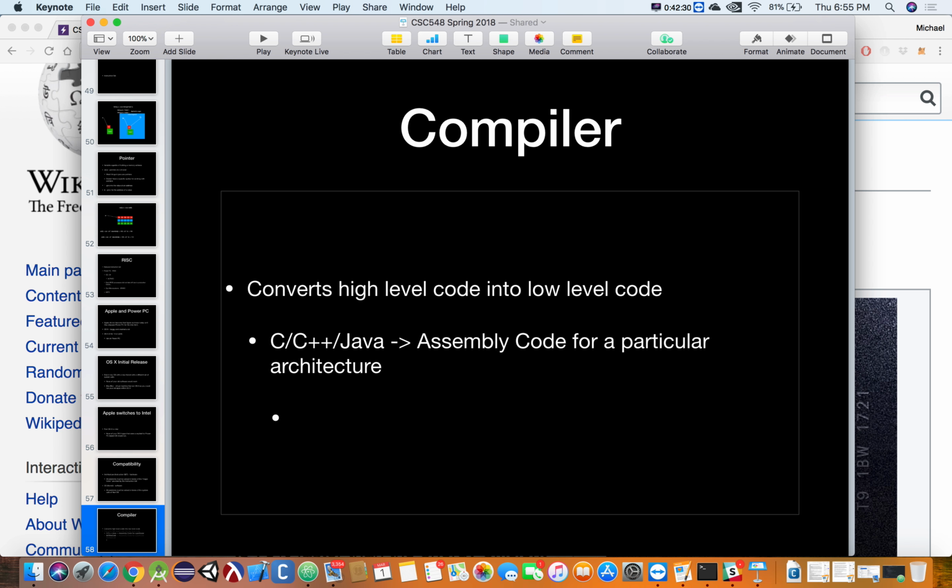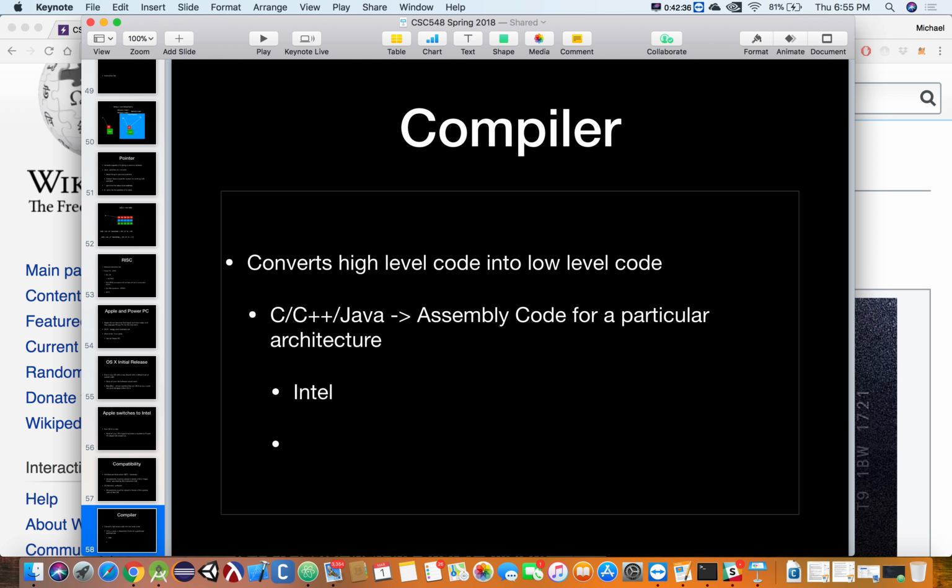That means an architecture that is either going to be Intel or it might be ARM. Let's just use those two because those are the two that we're kind of dealing with in here. So you're going to target one of those two architectures, but we're also marrying that with an OS.